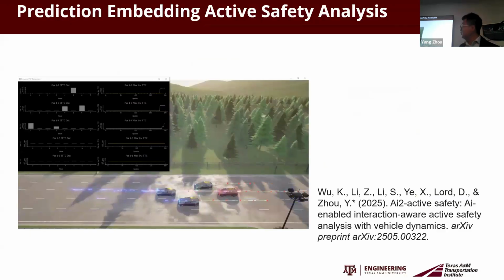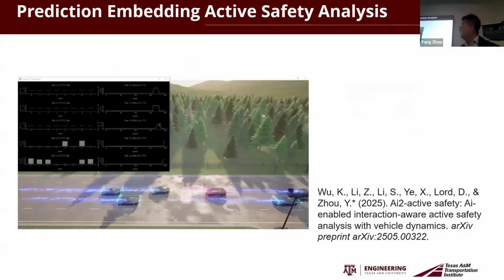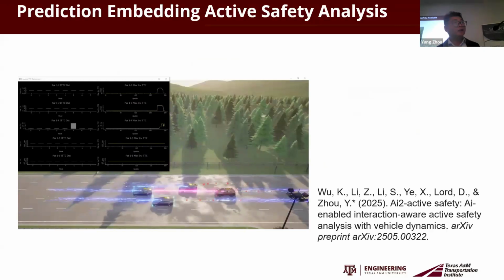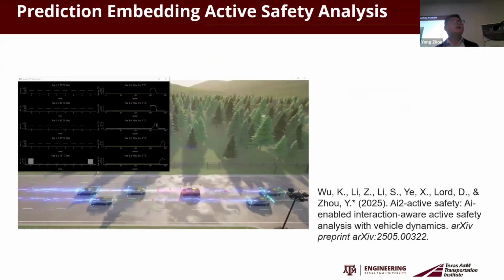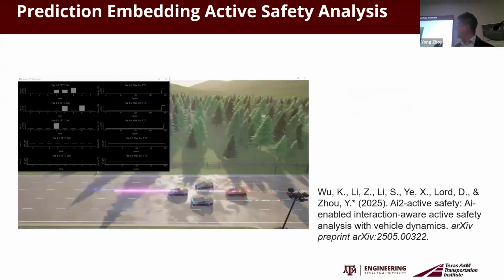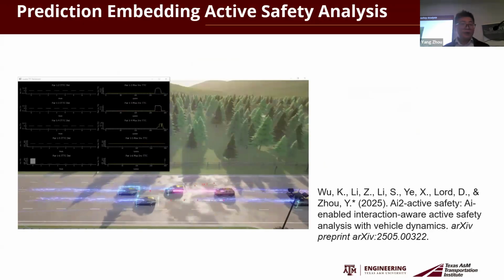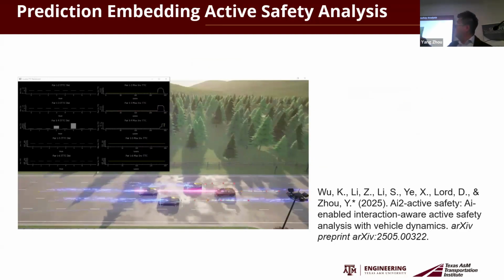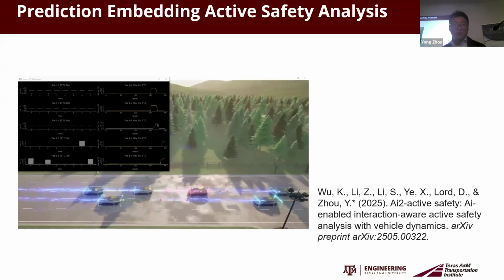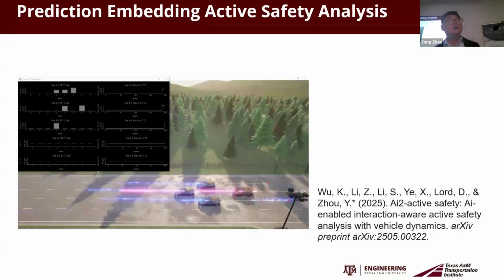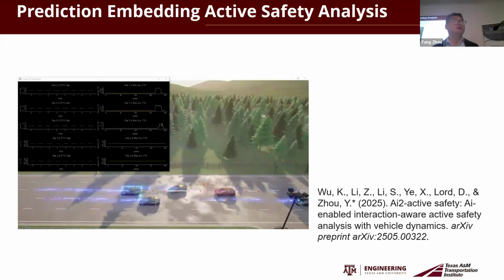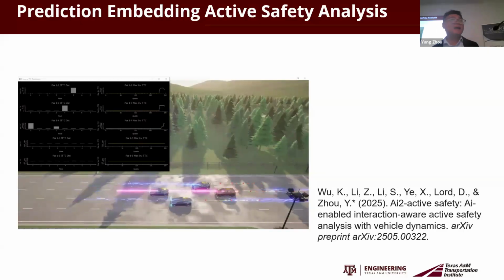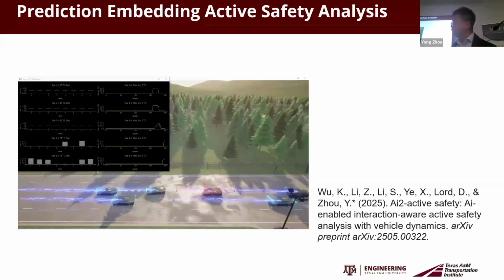So here is an example in the system that we developed to analyze active safety in a real-time manner. Essentially, the blue one is the ground truth, and these blue lines are predicted trajectories, and this black interface shows the vehicle-to-vehicle clearance, time to clear, but in a high fidelity manner rather than the traditional time to clear.